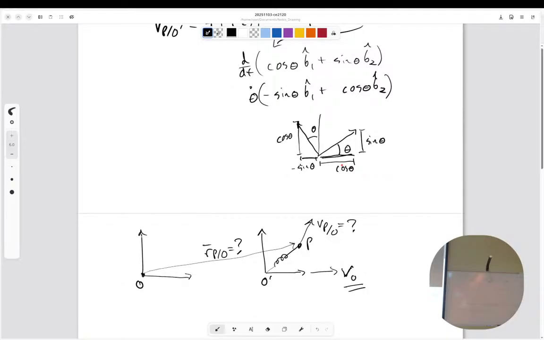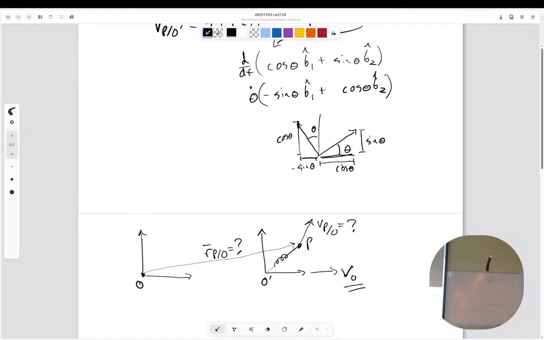You go from O to O prime some distance. I think O prime is the designation for it. That one's like a moving frame, whereas O is stationary, right? O is on the ground, can't go anywhere, so O prime.